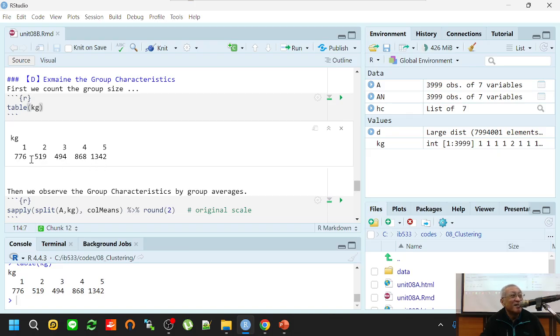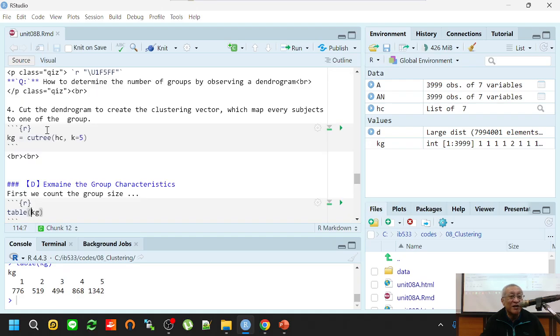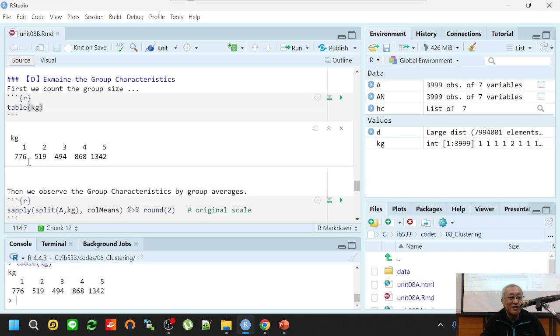You do a table on KG because I put the grouping in KG. So this KG vector is the group vector, which specifies how these 4,000 members are divided into 5 groups.